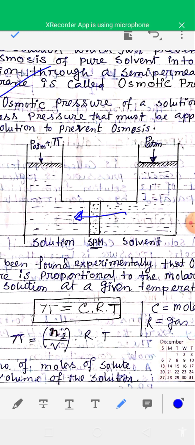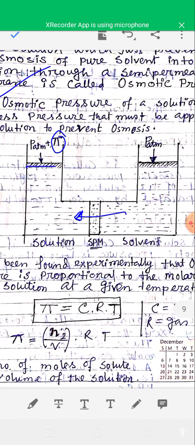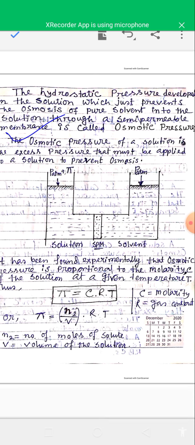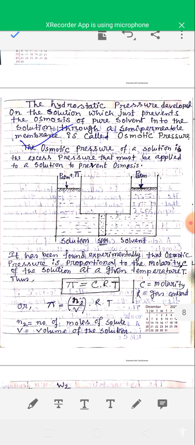If you want to stop this process, you have to apply some extra pressure just above the solution side. Okay, and this extra pressure is known as osmotic pressure.